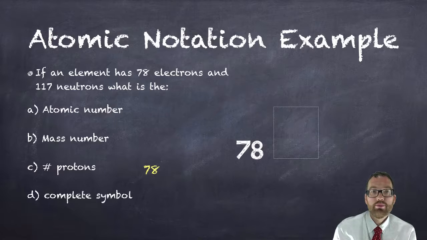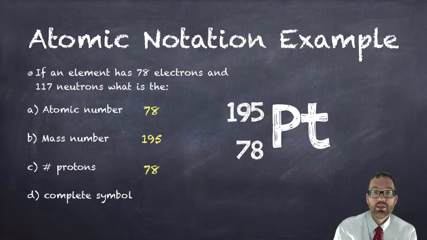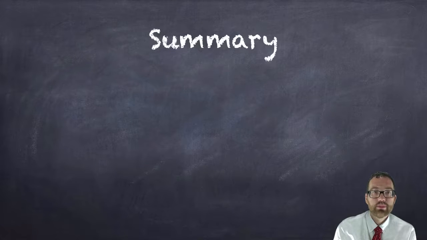If I want to solve for the mass number, all I need to do is add the number of protons, 78, to the number of neutrons, which is given in the problem, 117, and I will get 195. And last, you just need to go in again and scan your reference table to see who has an atomic number of 78, and it's platinum, a very valuable and expensive metal.